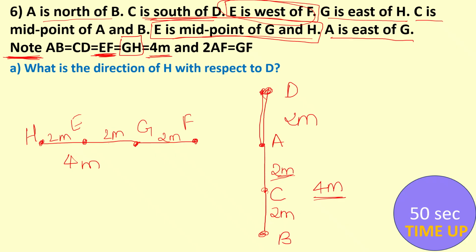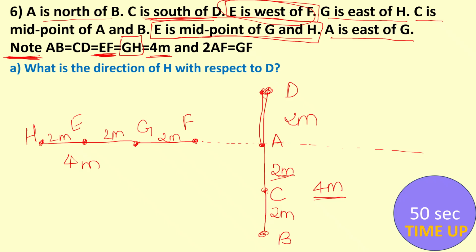Then G and F, G and A or F or A, we have understood that it will be in somewhat this direction only, but how much meter they have not given to you, but it will be the east only, correct?